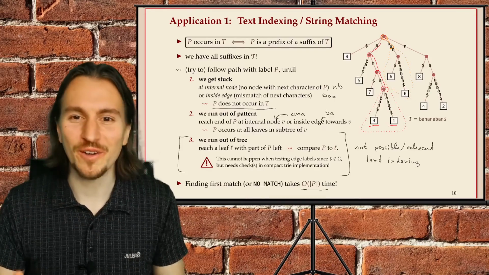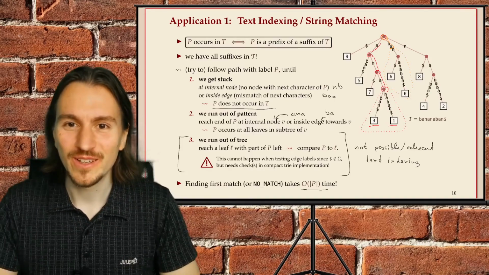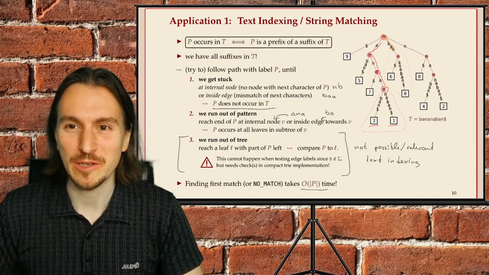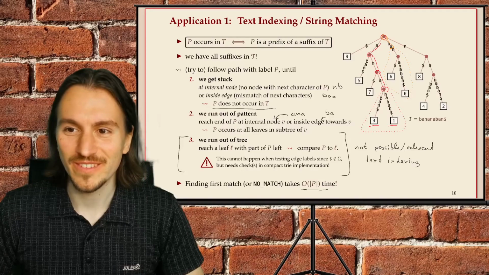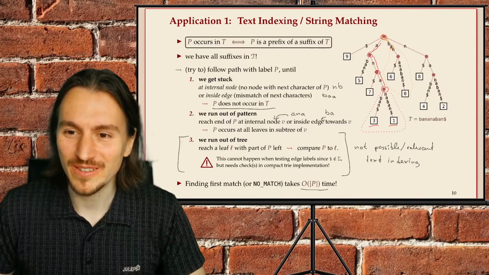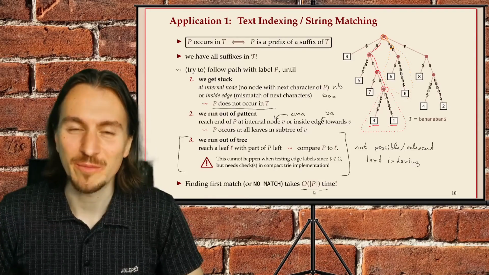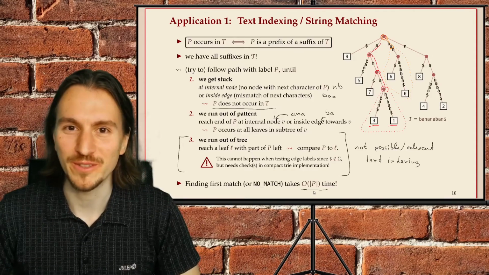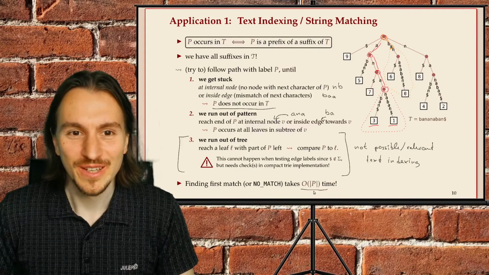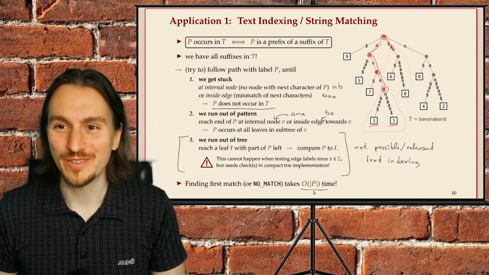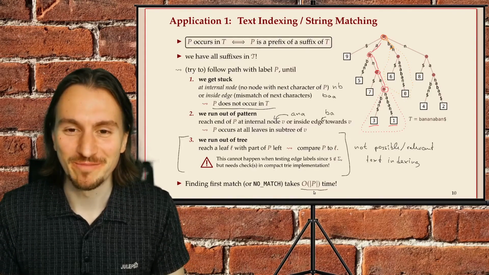It doesn't matter at all how big the data set is. It can be the entire World Wide Web. And that's quite remarkable. It's just depending on the pattern, but it's really an amazing result. And suffix trees allow you to get this once you've built your suffix tree for the entire internet.